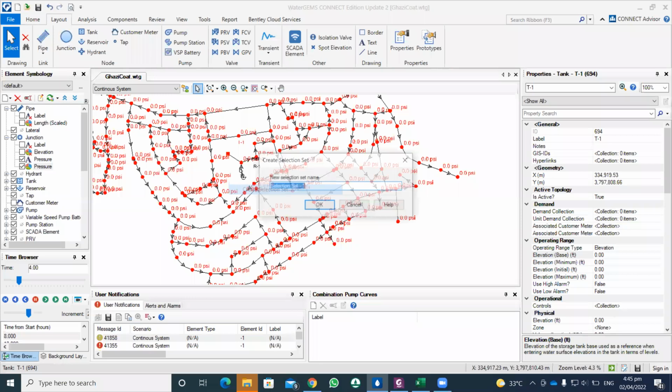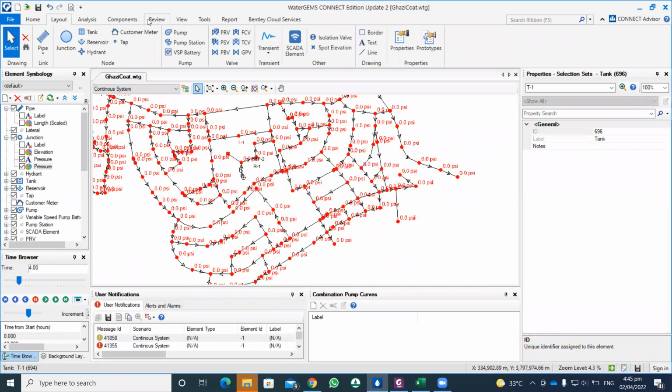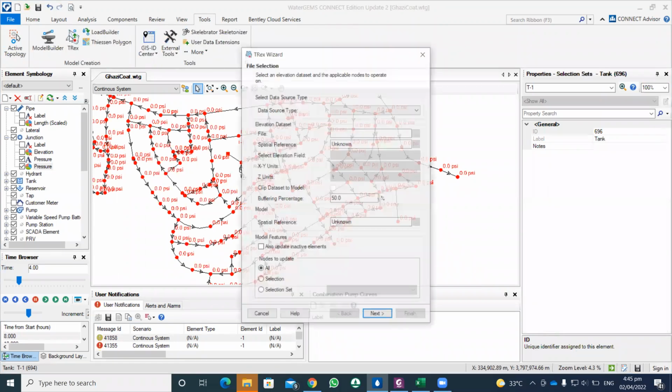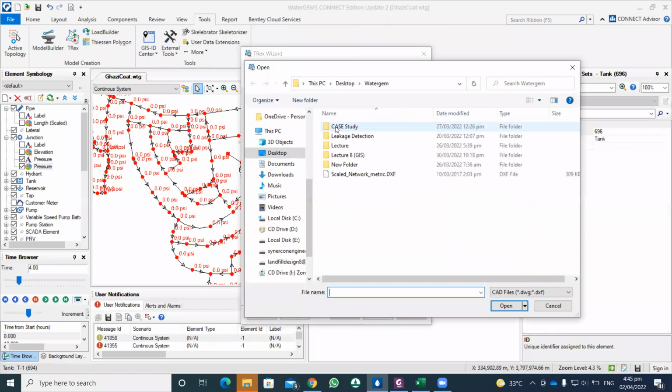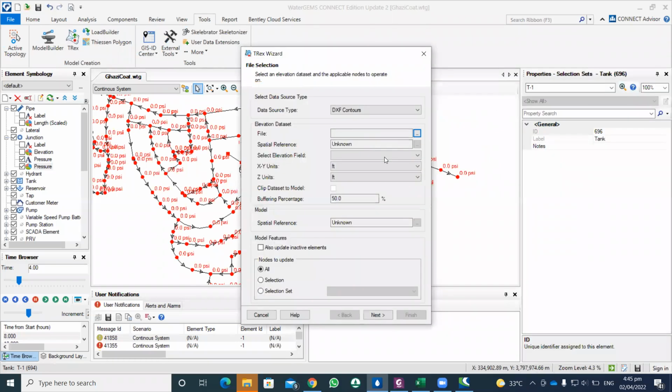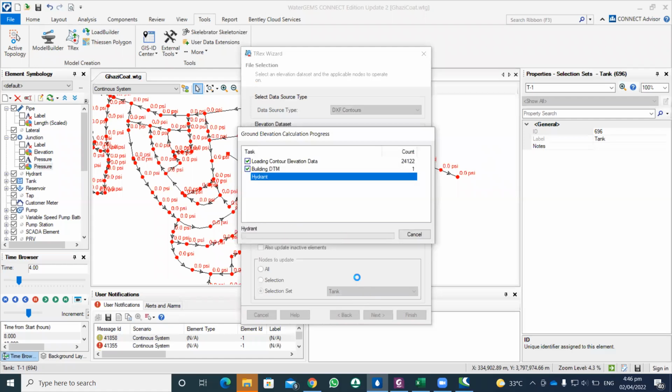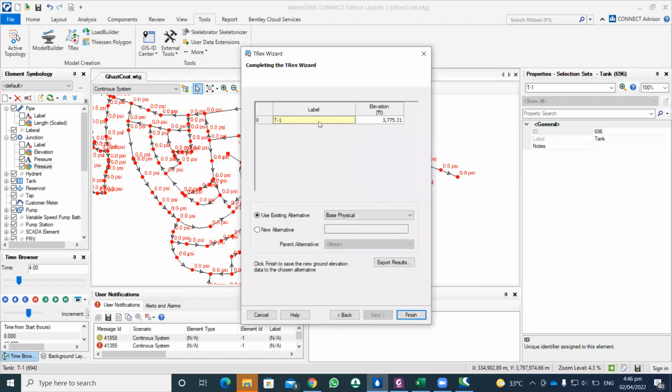So I will make a selection of the tank, then go to the tool, click on T-Rex, select the file, and select meter, elevation, selection set, tank. So basically the elevation of that tank is determined.